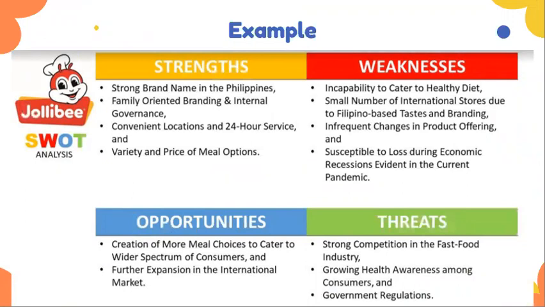For the weaknesses: incapability to cater to a healthy diet, di ba? Hindi naman talaga healthy yung mga fast food menus. Small number of international stores due to Filipino-based taste and branding, infrequent changes in product offering, and susceptible to loss during economic recessions, evident in the current pandemic.